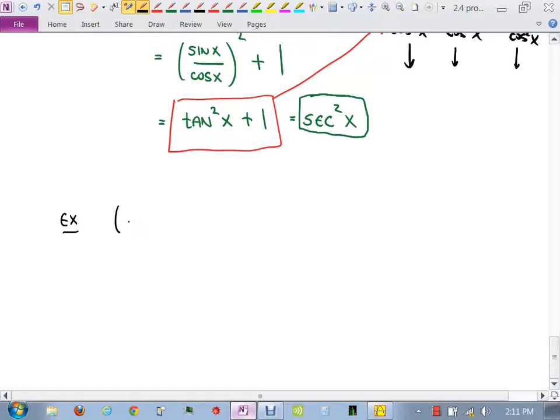How about y equals v squared plus 3v times v to the negative 1 plus 2v to the negative 3. Find y prime.